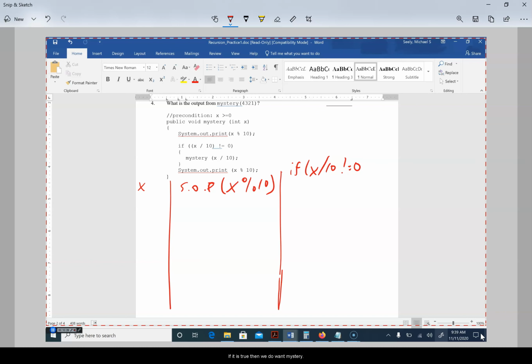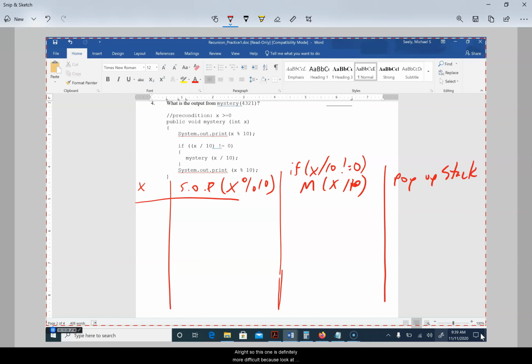And if it is true, then we do what? Mystery, I'm just going to call it M, X divided by 10. Okay. And then we still have to do this pop-up stack.